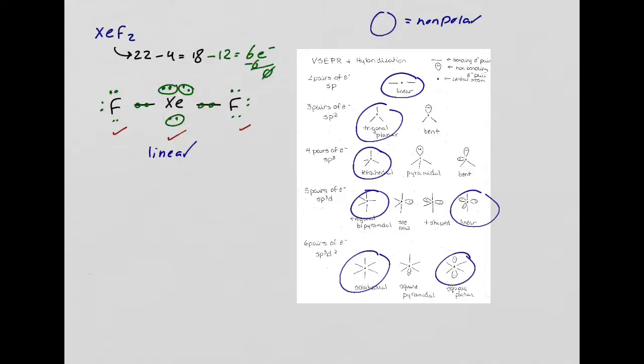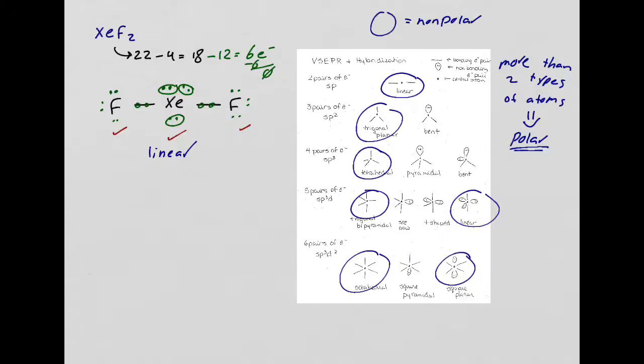geometries. Now, the other thing that I said, there was one exception to this, and the exception was if you have more than 2 types of atoms, it doesn't matter what geometry you have, you will always be polar. Okay?